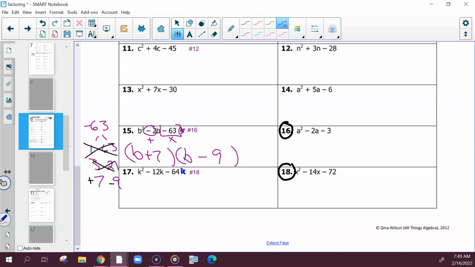For number 16, we need two numbers that multiply to be negative 3, but add or subtract to be negative 2. What are some factors of 3? 1 and 3, and that's it. So we're going to need one of these to be positive and one to be negative.